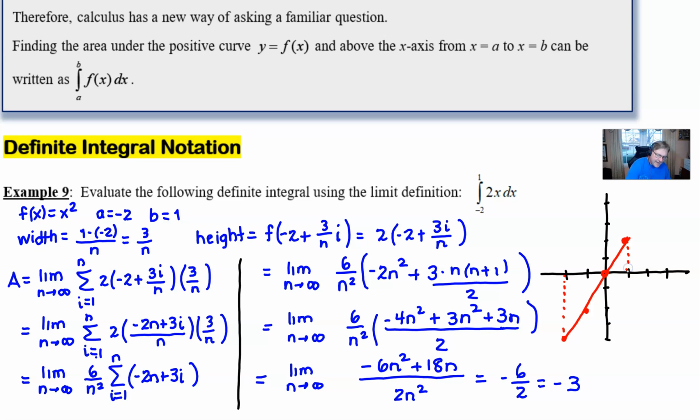So when we find the area between this curve, and I know I'm using the term curve very loosely, I have some space that's below the x-axis, I have some space that's above the x-axis.